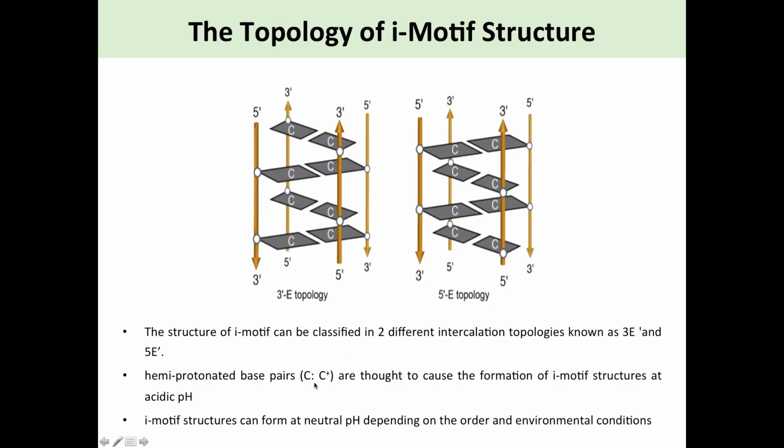And I already said that the i-motif structure is formed not at neutral pH, but depends on the environment condition. The acidic condition is best for the i-motif to form such a structure in solution. But in the case of neutral pH, it's no problem to form the i-motif, but it depends on the sequence.